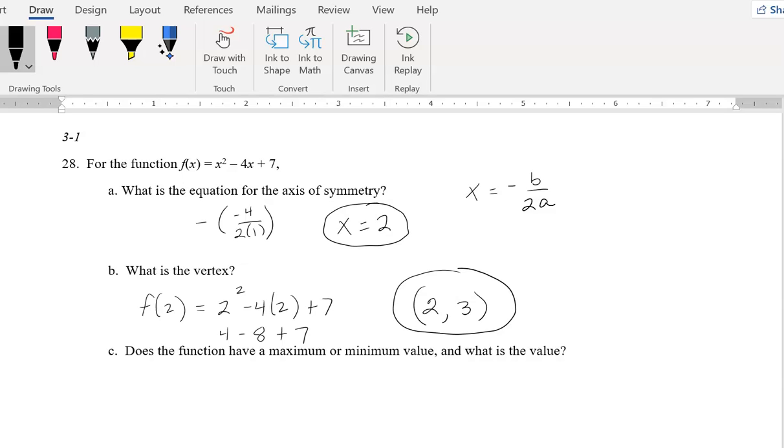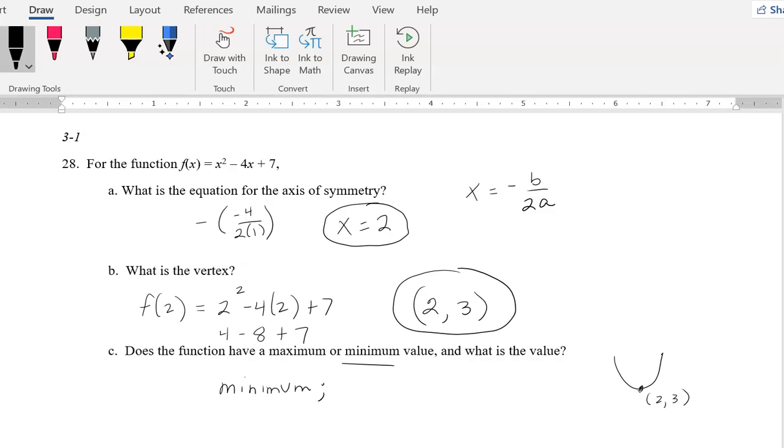Does the function have a maximum or a minimum? Well, it depends on how it opens, and if you notice, the number in front of x squared is positive, so this parabola has to open up, and the point (2, 3) is at the very bottom of it if we just did a rough sketch. So since the vertex is on the very bottom of the parabola, we have a minimum.